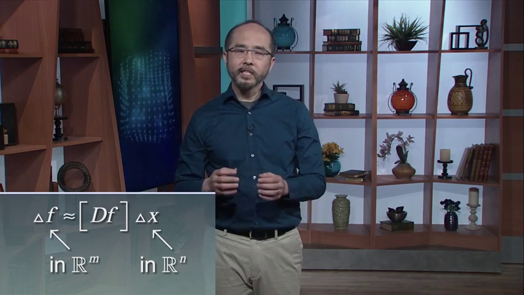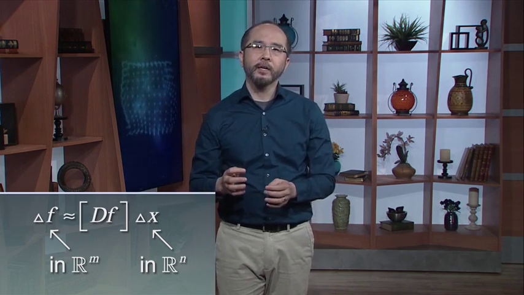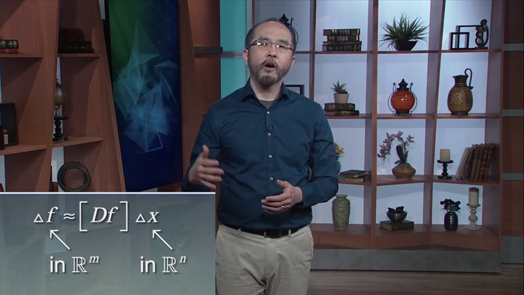So if f goes from Rn to Rm, can you see what dimensions this derivative matrix must have? Yes, that's right. It must be m by n because the act of multiplying by df needs to send a vector in Rn to a vector in Rm.